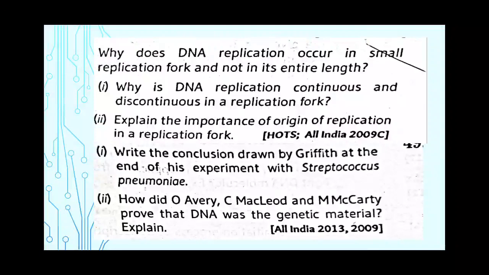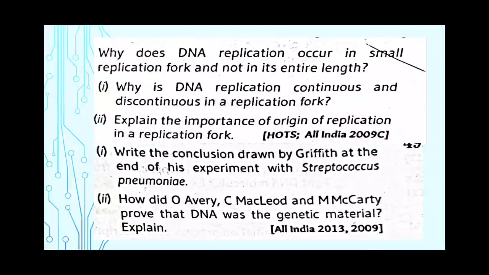Okay, so the DNA dependent DNA polymerase catalyzes polymerization only in one direction, that is 5' to 3'.